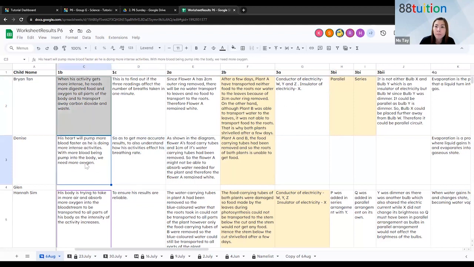Okay, Denise, don't talk about heart pumping more. You see, you start off immediately with the heart pumping more. They are asking you for breathing rate. So you mention that breathing rate will help to take in more oxygen, and then this oxygen will be carried by the blood to all parts of the body for respiration, in the presence of digested food.